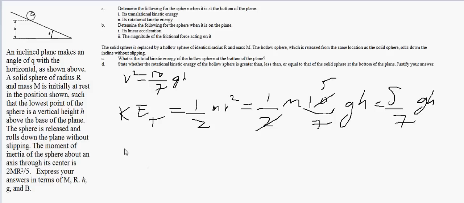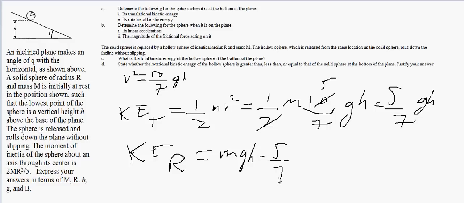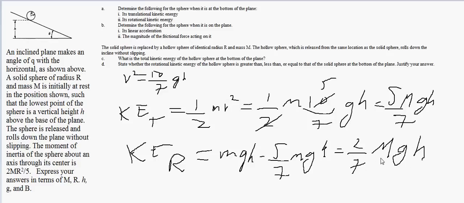Therefore the rotational kinetic energy, you know that is mgh minus 5 over 7 mgh, which is equal to 2 over 7 mgh.